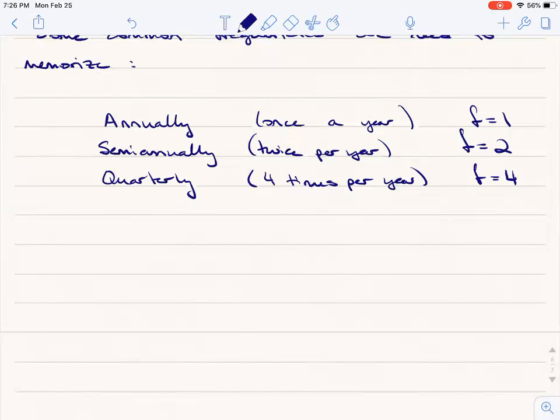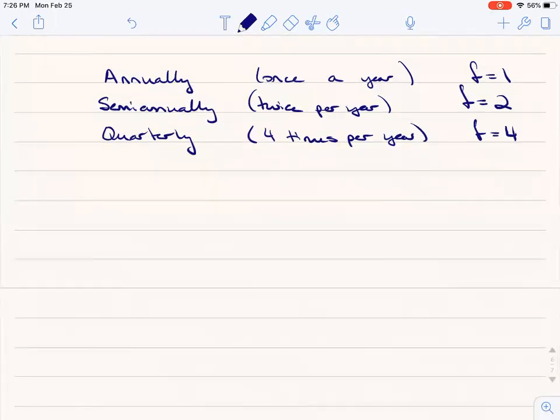It gets a little bit confusing because the length of time in a quarter is 3 months. But 3 months is a quarter, and it happens 4 times per year. So as long as when you see quarterly you think frequency is 4, then you're safe.